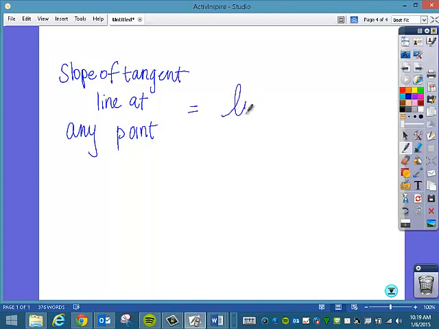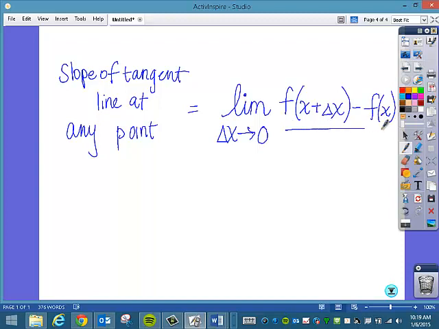It's the limit as delta x, which means the change in x, as the change gets smaller, as it approaches 0. The limit as delta x approaches 0 of f of x plus delta x minus f of x over delta x.